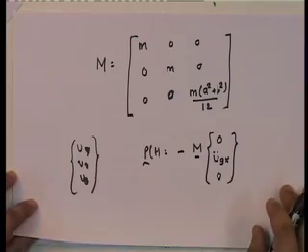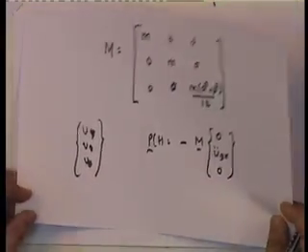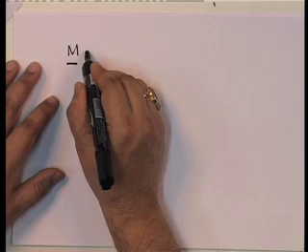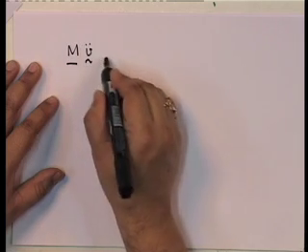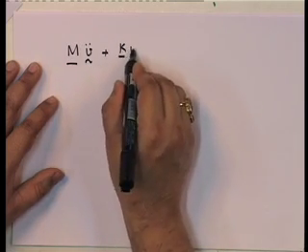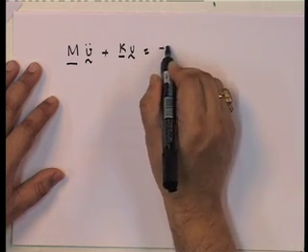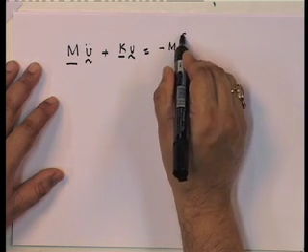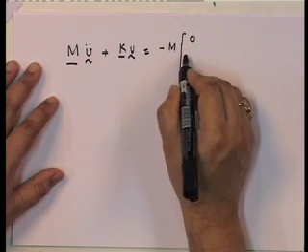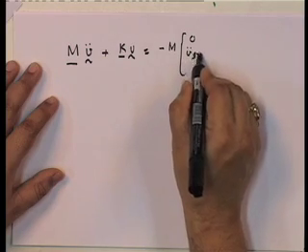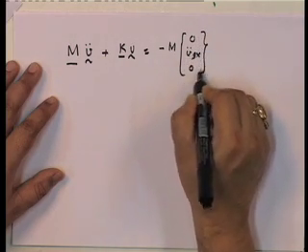So this becomes m v double dot plus k v is equal to minus m into 0, v double dot gx, 0.